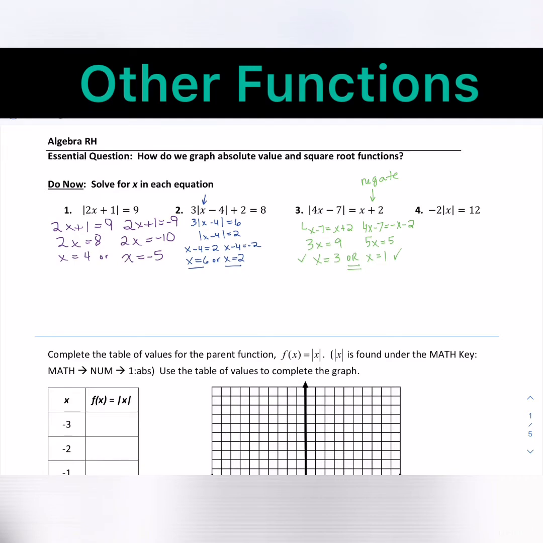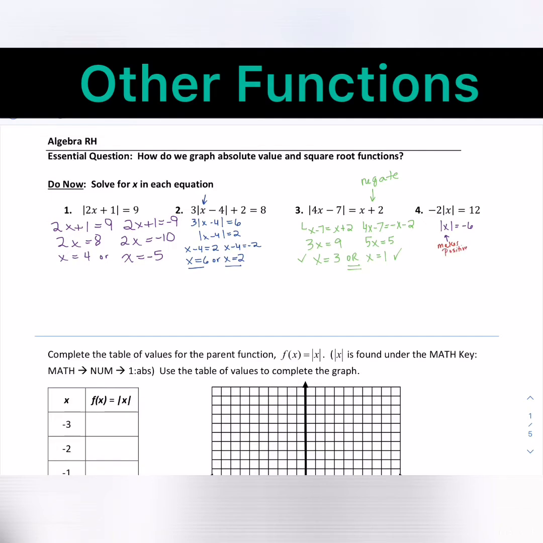Awesome. Let's do our last question in this do now warm-up, and then we're going to graph a few functions today. I'm going to divide out the negative 2, and I get absolute value of x equals negative 6. Now, immediately I look at that and go, okay, you guys know that absolute value makes everything positive.